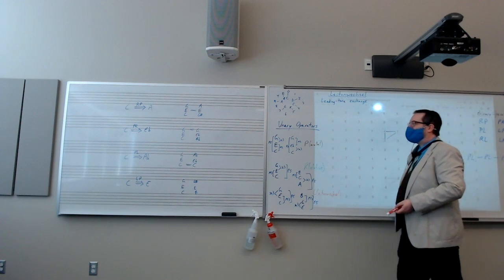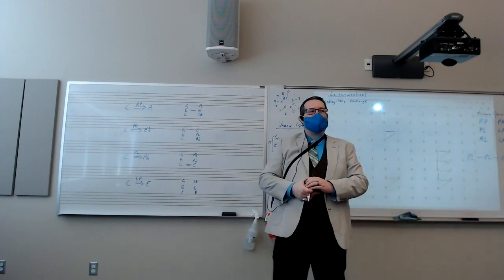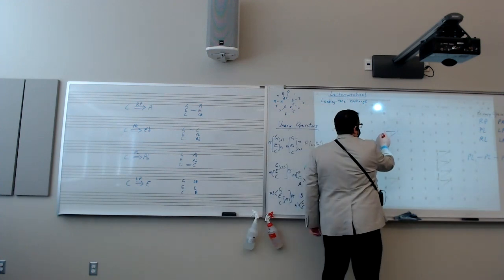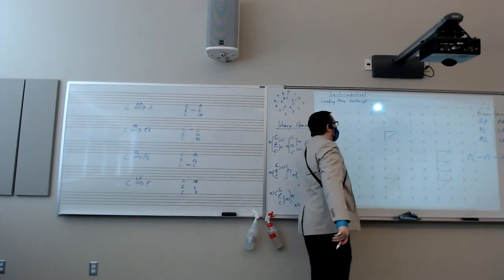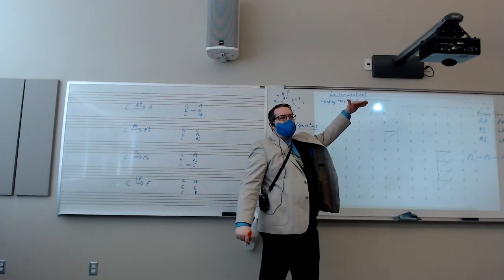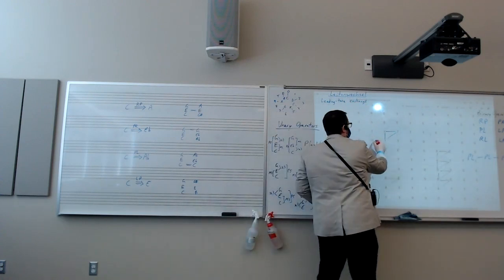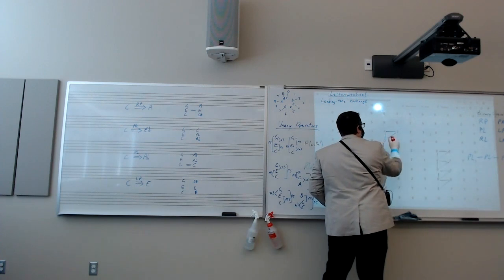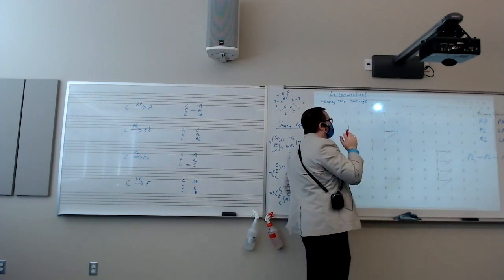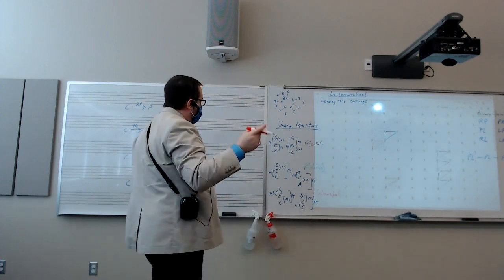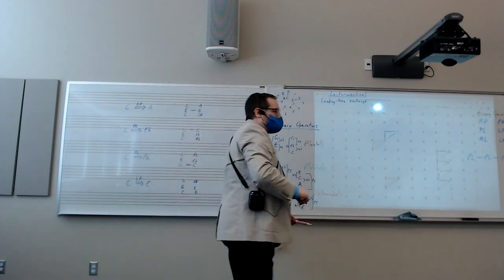So from C major, take me to an R. R takes me through the fourth, and L from that is going to flip me down. So there is an RL. What's the chord? F major. Good.